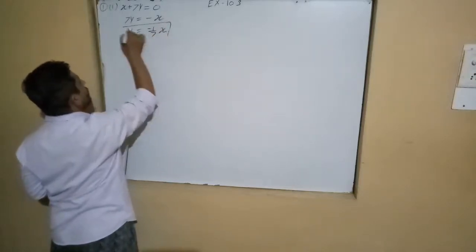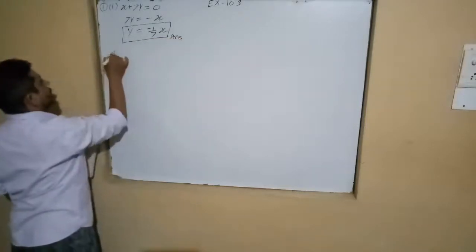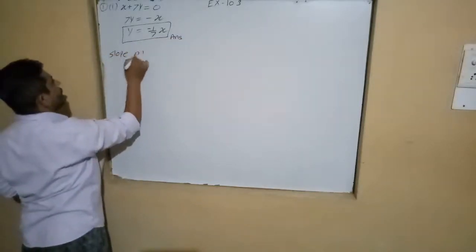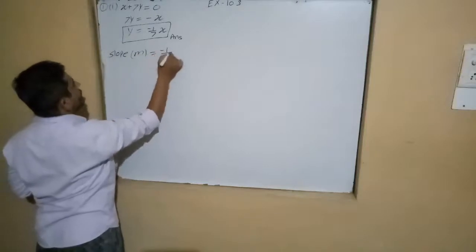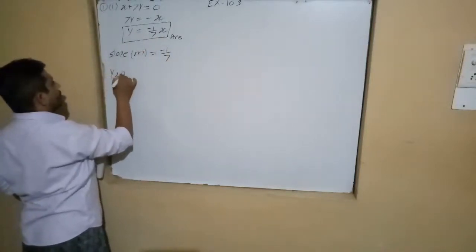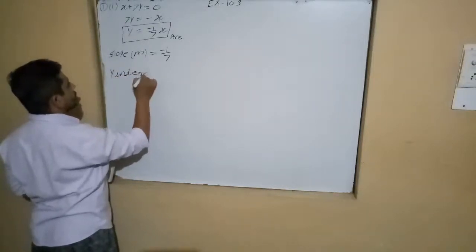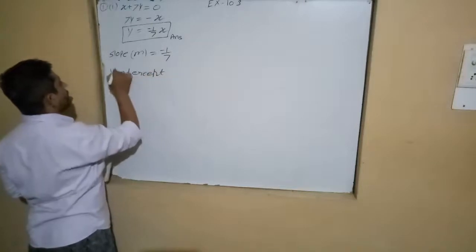This is our slope intercept form answer. Here slope m is equal to minus 1 upon 7 and y-intercept, what is the y-intercept here?